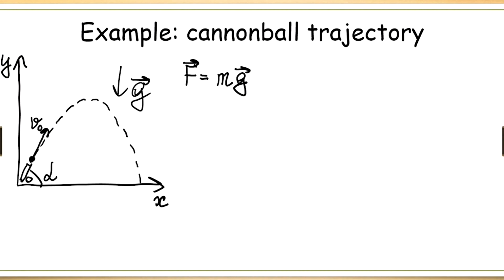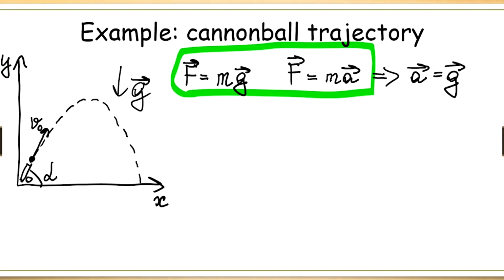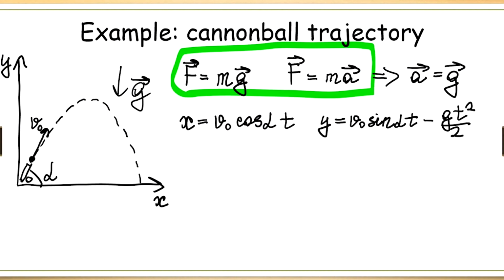For us, it is important that g is a constant, which means that, combining this with Newton's second law of motion, we can notice that a is also a constant, exactly equal to g, which means that the cannonball motion is uniformly accelerated.